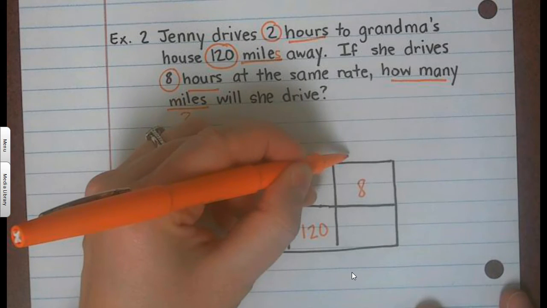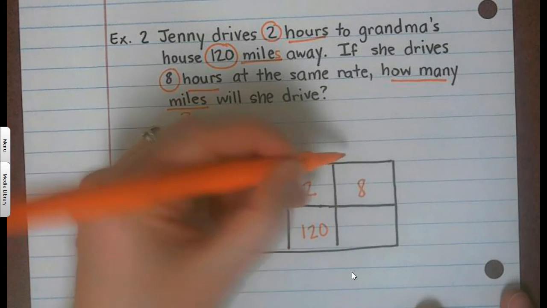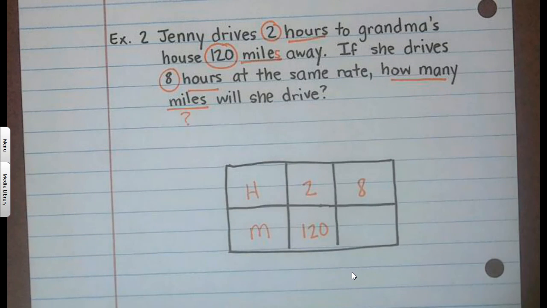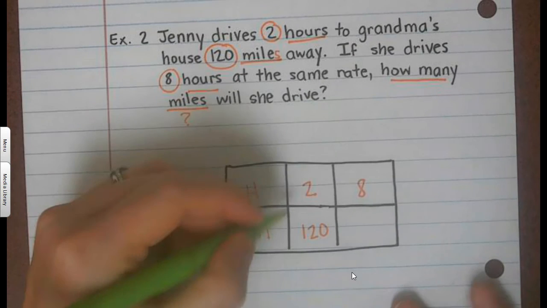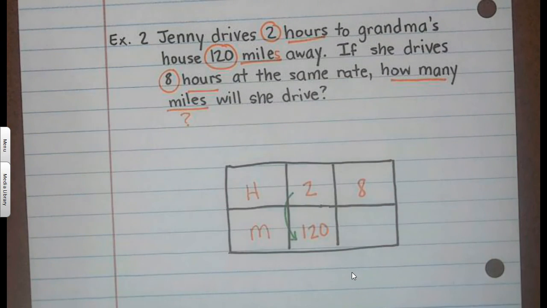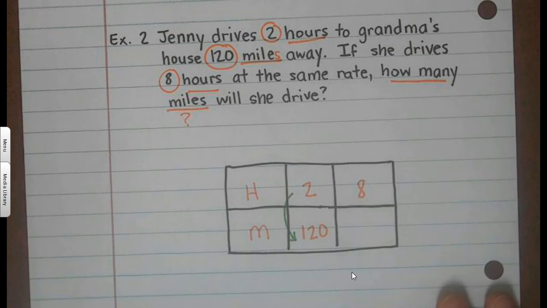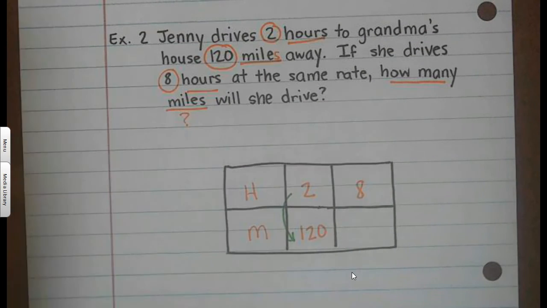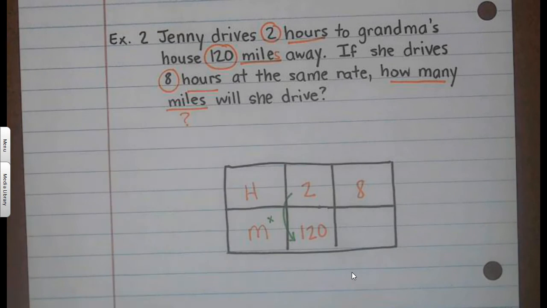So I could go from the 2 to the 8, which is actually what I would normally do, but I wanted to show you that you have more than just that option. You can also draw your arrows up and down. So we have to start at 2 because it's our corner number, but we're going to draw an arrow from 2 to 120. Because it's getting bigger, that means we have to multiply. So we have to figure out what would we multiply.